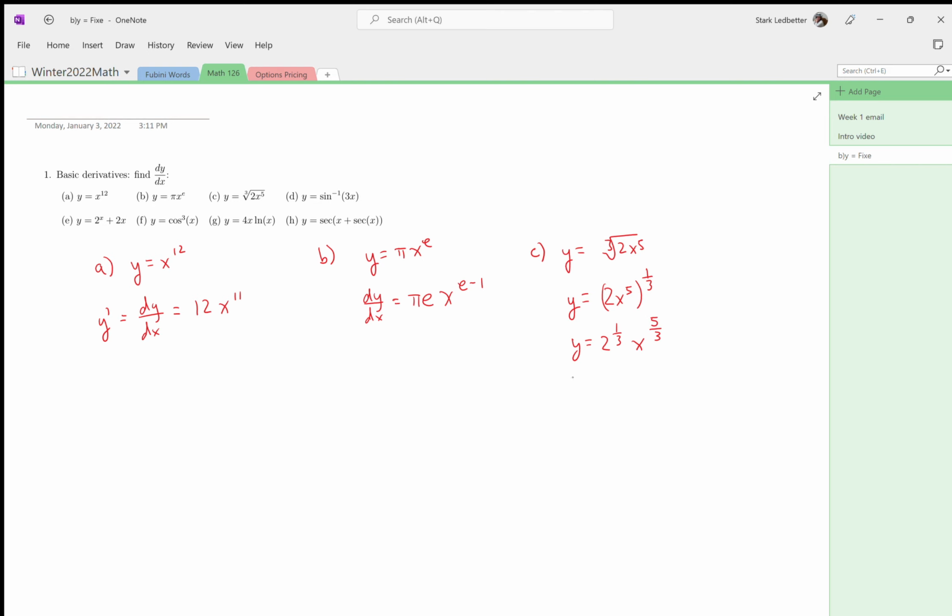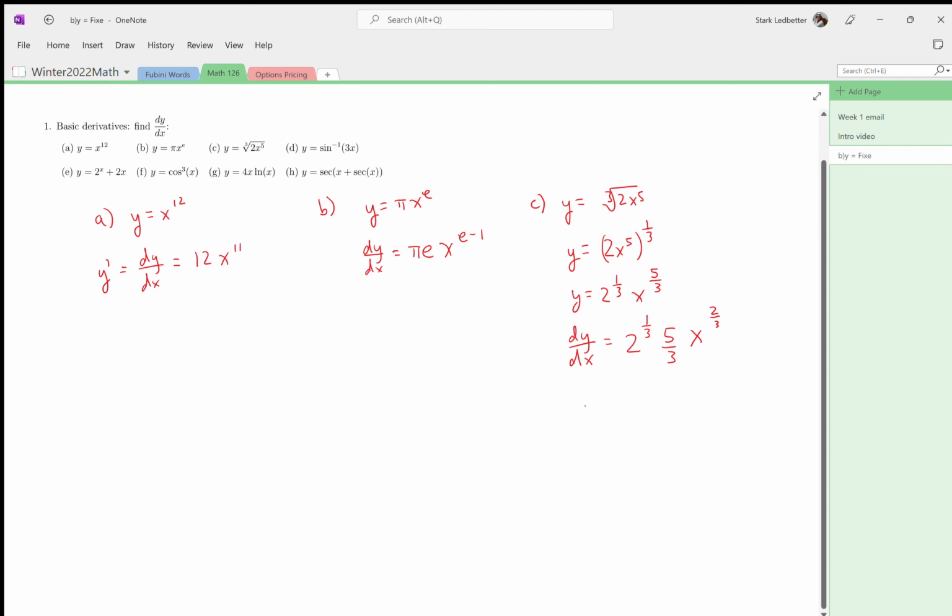And now I'm ready to take a power rule. So 2 to the 1/3 is going to be a constant out in front. I'm going to take this power down, so 5/3 will come here. Then I'm going to subtract 1 from the exponent. 5/3 minus 1 is 2/3.